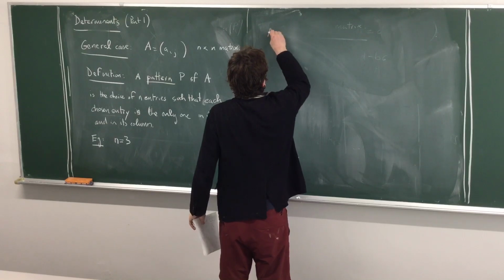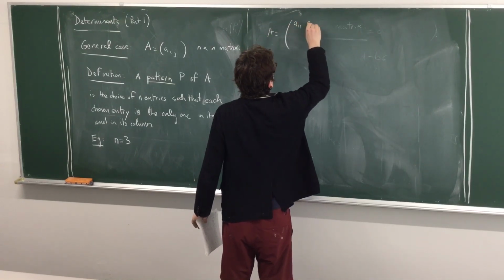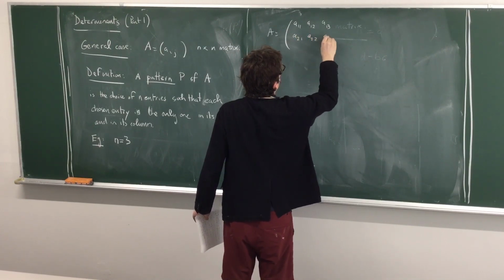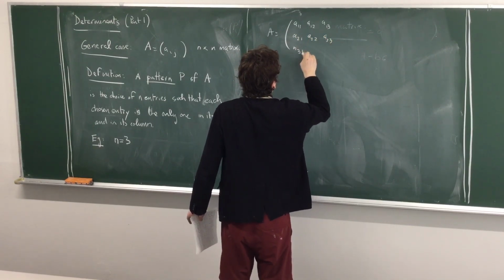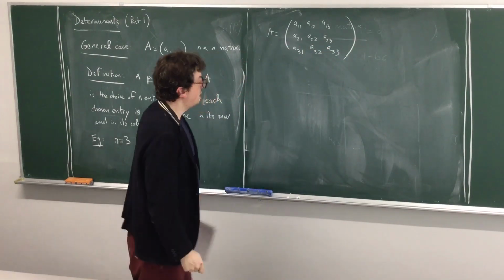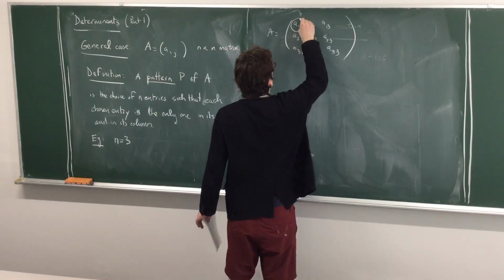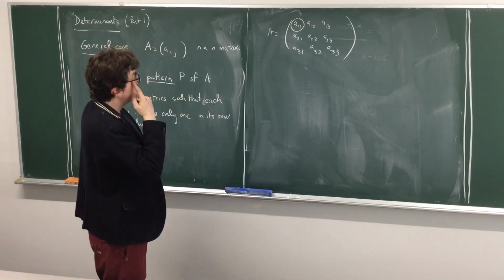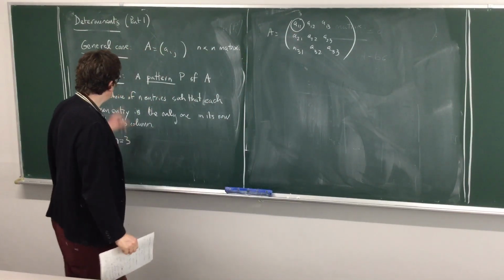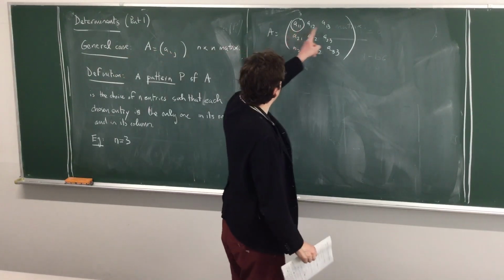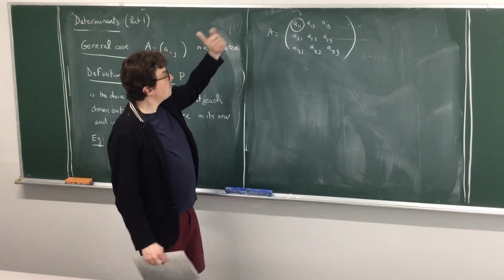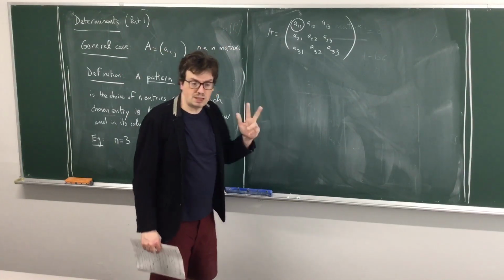Okay, so my matrix is A11, A12, A13, A21, A22, A23, A31, A32, A33. Let's pick some entry. I choose in the first row this entry. Now the condition is that this entry should be the only one in its row and in its column, which means that, remember n equals 3, so I need to pick 3 entries.